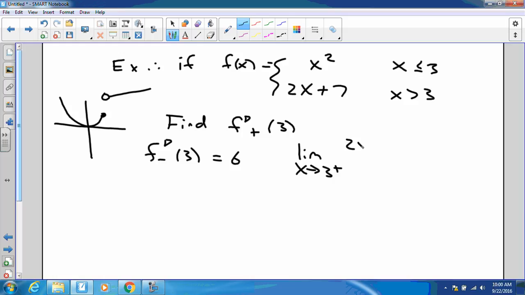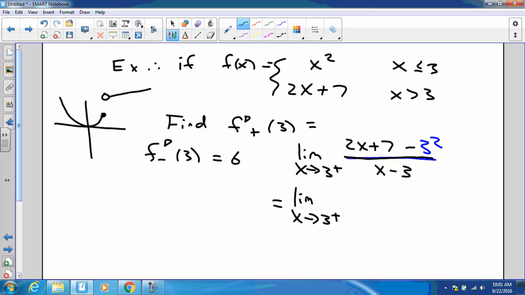I'm going to take the limit as x approaches 3 from the right of f of x minus, still with the f of 3, is equal to 3 squared, and all of that over x minus 3. And that's equal to f prime of 3 from the right. Now something tragic happens.